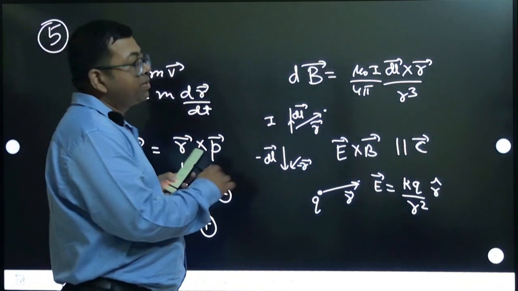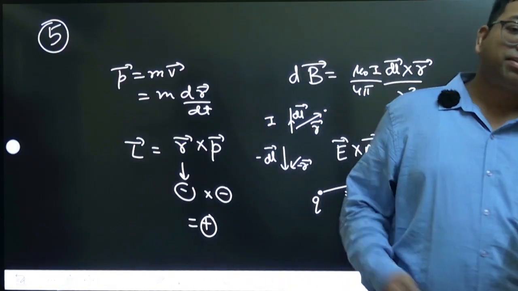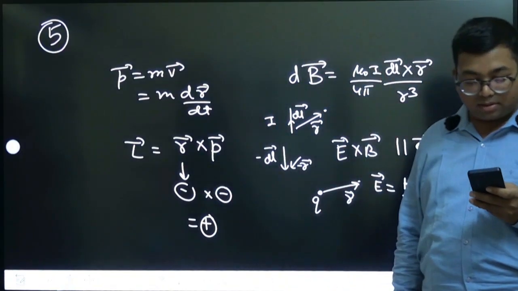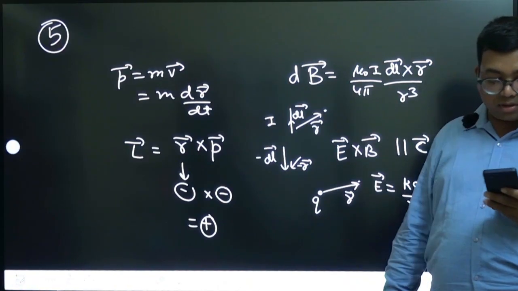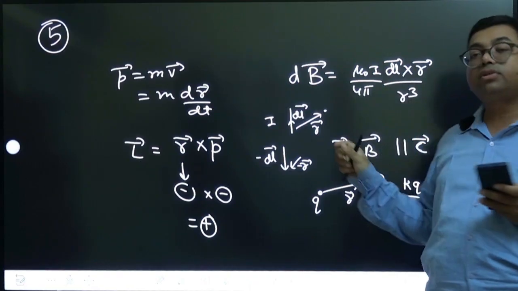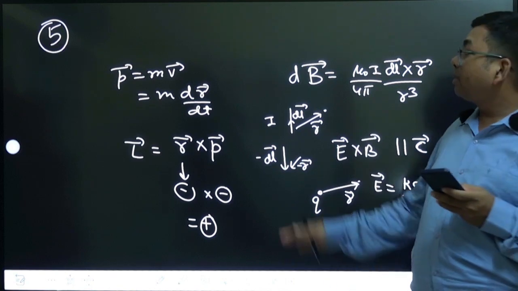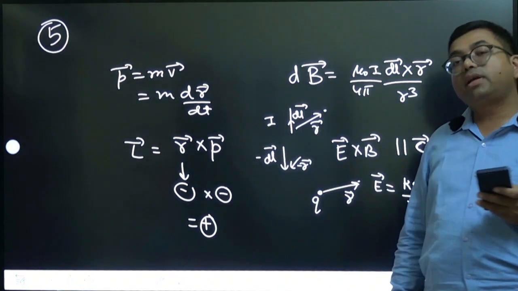Then also the same effect can happen. Maybe we have to take it like that, otherwise magnetic field we cannot include. Angular momentum definitely is there. So right now we can go by this: dl also changing, r vector also changes, so the effect of both changes neutralizes that, like in angular momentum.